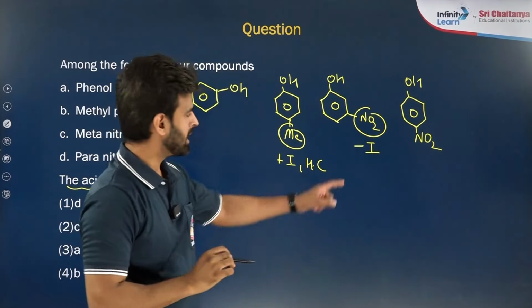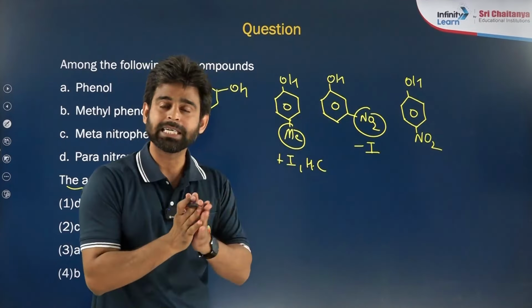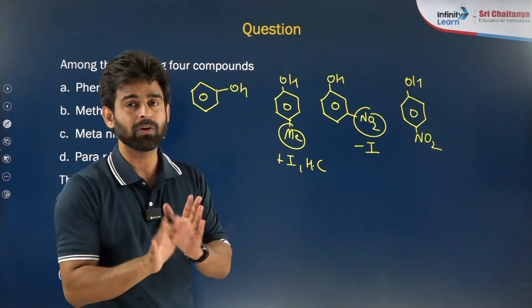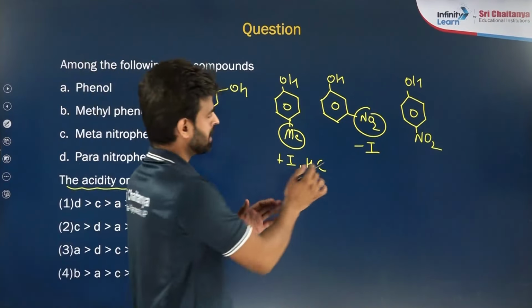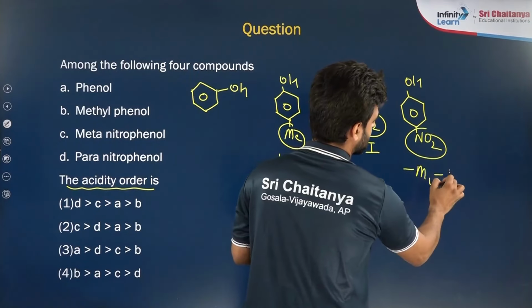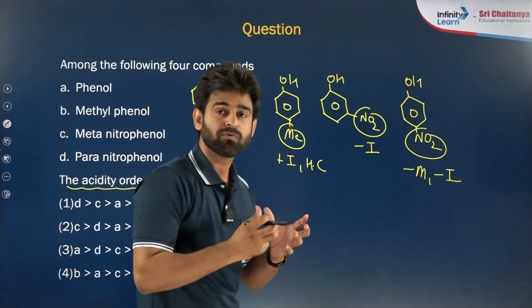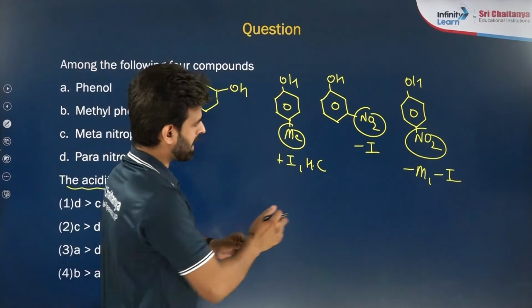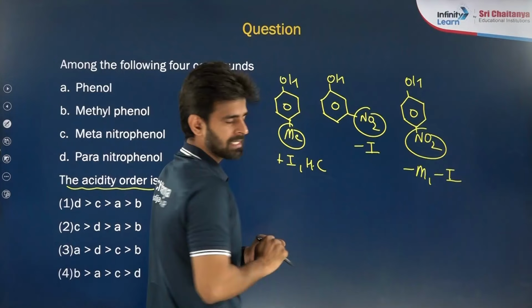Why? Because NO2 and OH have a relative position which is meta. So in this case, NO2's minus M will not impact our OH group, right? So minus I. In this case, it will withdraw by minus M as well as minus I. So a lot of withdrawing effect, minus M as well as minus I. That's why this is the strongest acid.